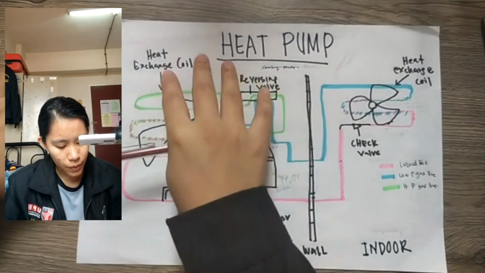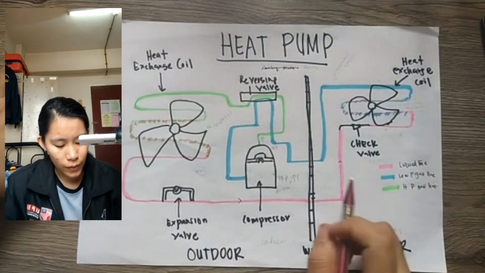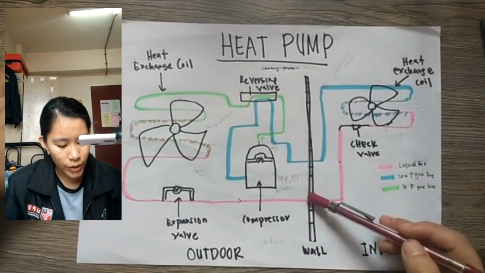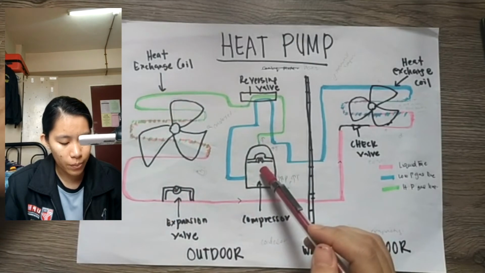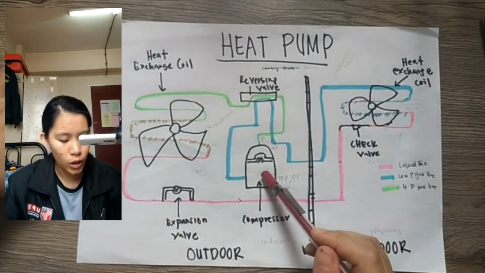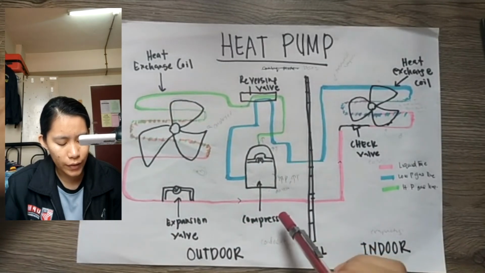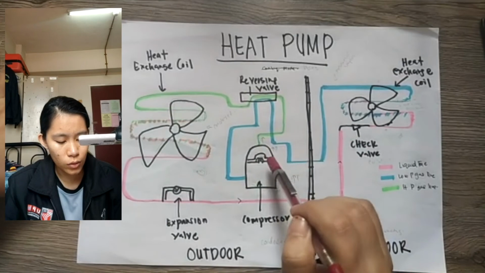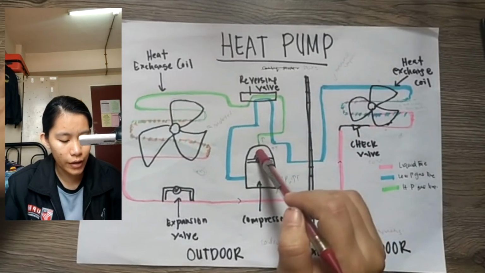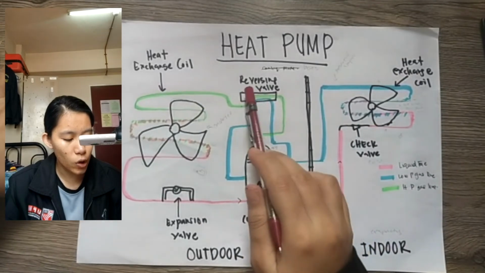In the heat pump process, the gas in the compressor, helped by electricity, increases in temperature and pressure. After that, the gas passes through the reversing valve to the heat exchange coils.